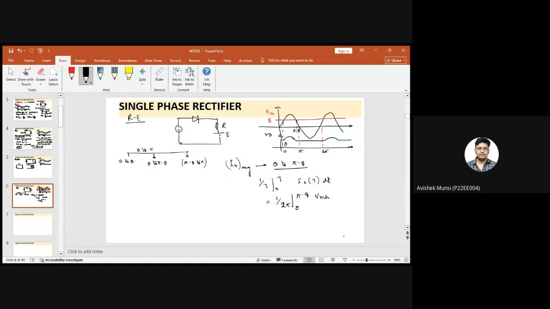So this is (Vm sine omega t minus E) by R d omega t. If we calculate it, our I0 average will turn out to be 1 by 2 pi R times (2 Vm cos theta minus E(pi minus 2 theta)). So this will be my average current in case of an RE load.